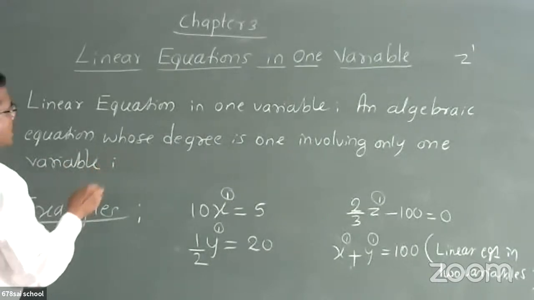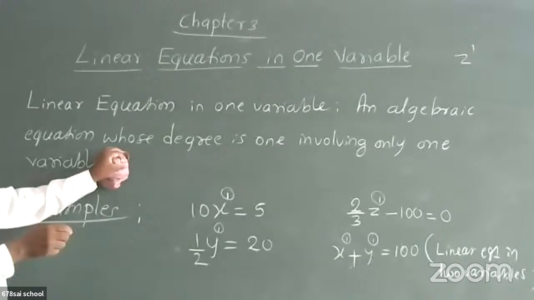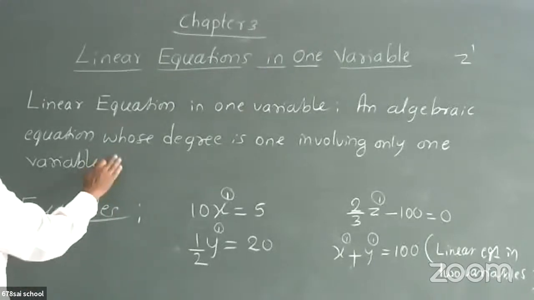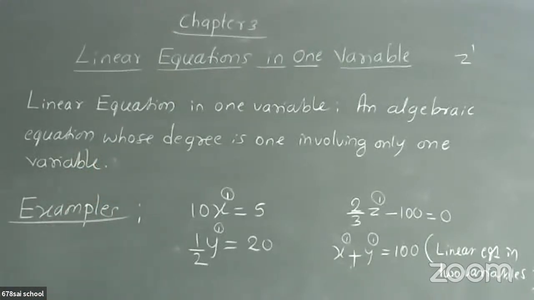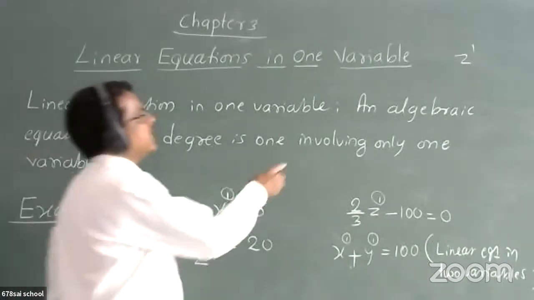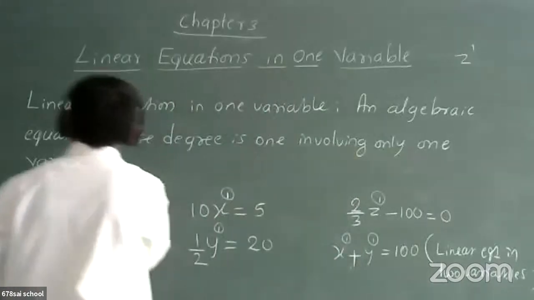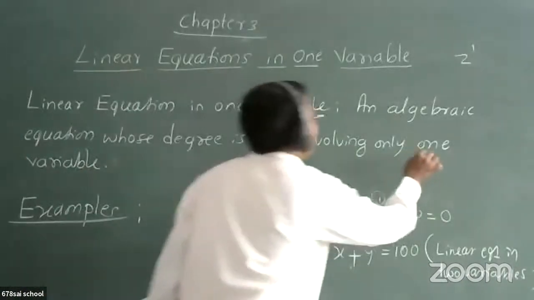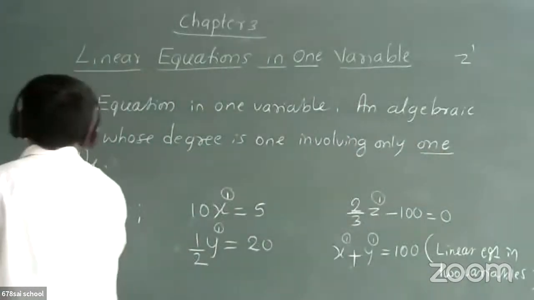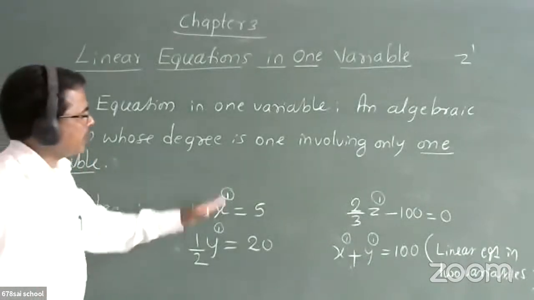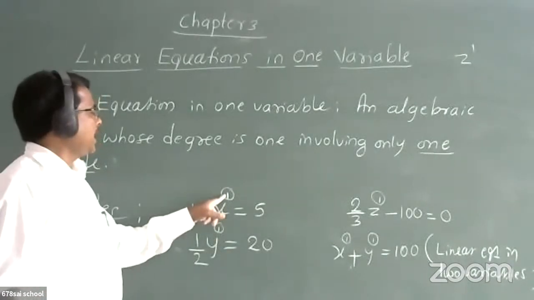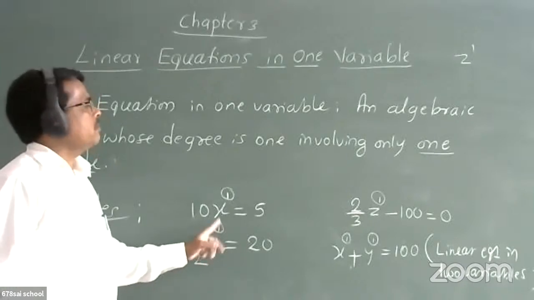In the definition, I am writing here "involving only one variable." Here I have added one more word, one variable only. Generally I said linear equation: degree is 1 means linear.